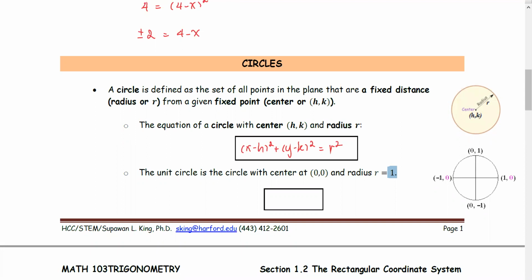The unit circle is the circle with the center at 0, 0 and the radius equals 1. h is 0, k is 0, r is 1. Therefore, the formula for the unit circle is x squared plus y squared equals 1.